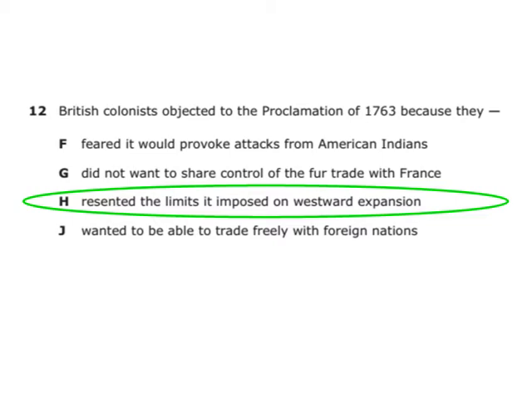The British government said, hey, American colonists, you cannot go beyond this line. I proclaim it in 1763. You can't go west of here. Remember the map? That's at the Appalachian Mountains. Don't go west of that. They resented that because it didn't allow them to expand westward.